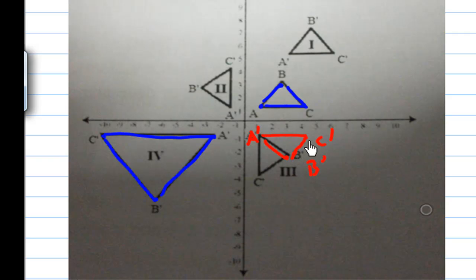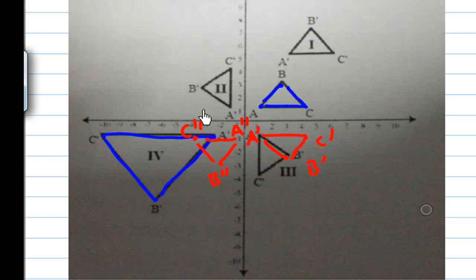Then you make another reflection in the y-axis. Then you get a second image, which will be here. And this will be A double prime, B double prime, C double prime.